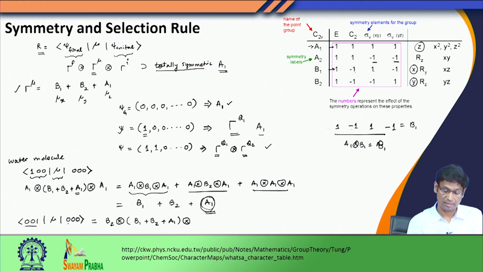Direct product, the ground state is A1. So, when you expand it, you would see that when I multiply B2 with B2 and with A1, only this term will give me the totally symmetric representation. So, this transition, ground state to first excited state along the Q3 mode, is an allowed transition, but this happens along the Y polarized light.